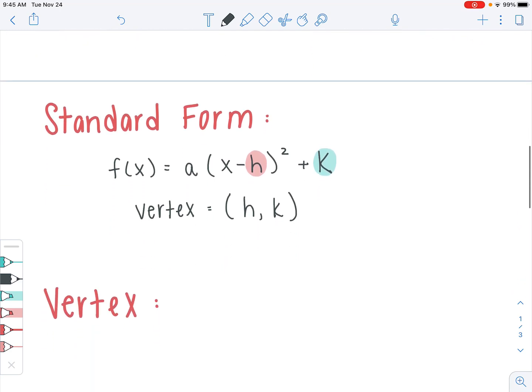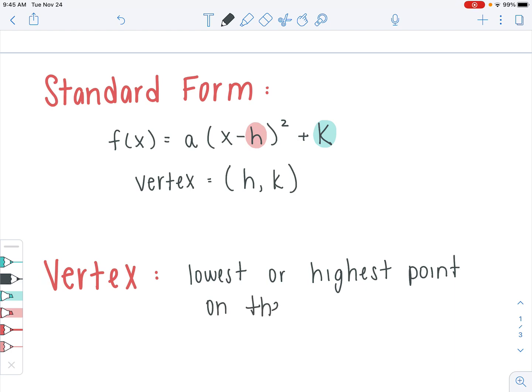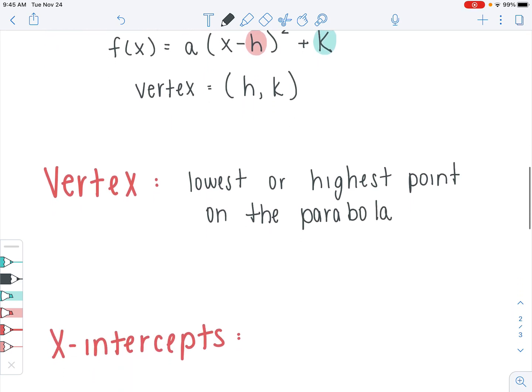Remember, your vertex is either your lowest or highest point on the parabola. If you have an upwards facing parabola, your vertex is going to be the lowest point. If you have a downwards facing parabola, your vertex is going to be the highest point.